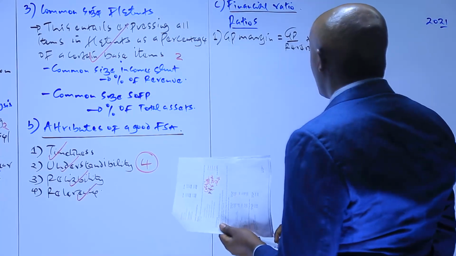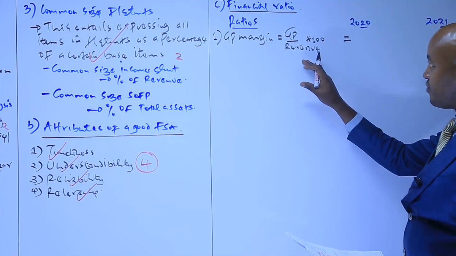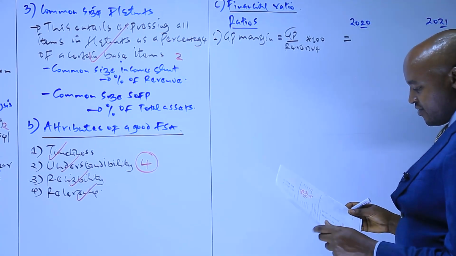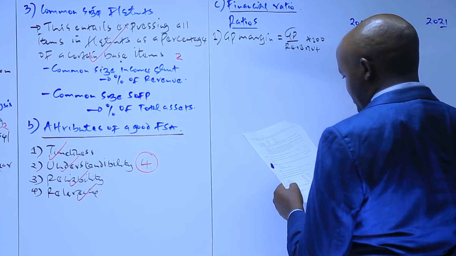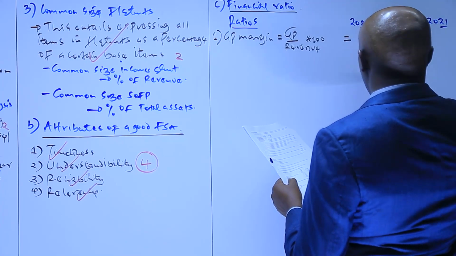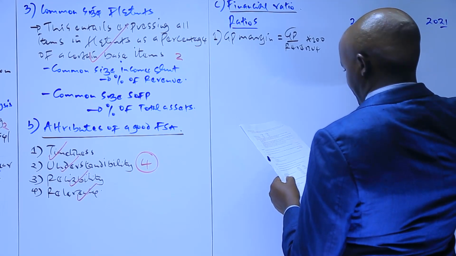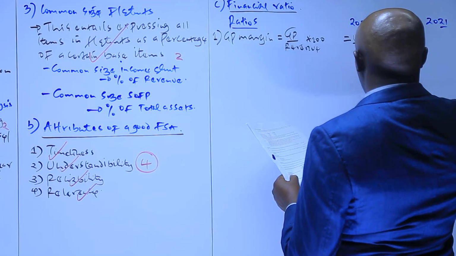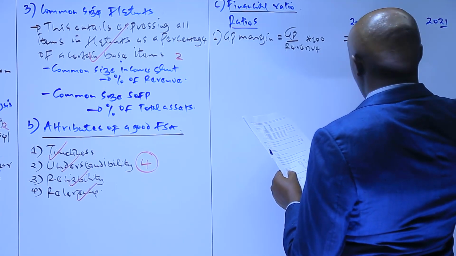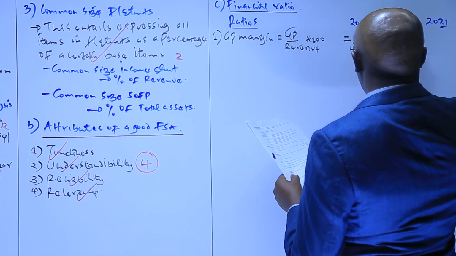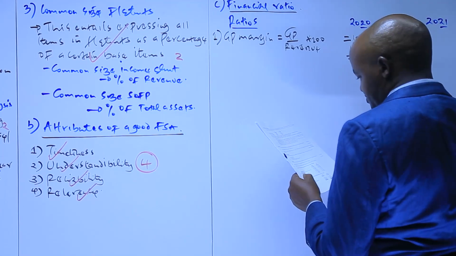So we go back to the income statement, or the statement of profit or loss. This is where we get the information about revenue and the gross profit. So the gross profit for the first year is 103,812. We divide that with the revenue, which is 476,200, times 100%.